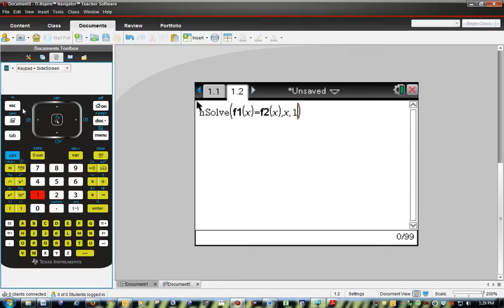Unless you wanted to do something like this: create a graph and say function 2 of x minus function 1 of x, and that's the new graph.